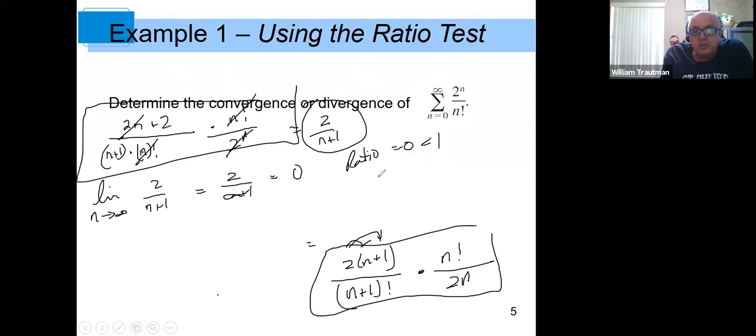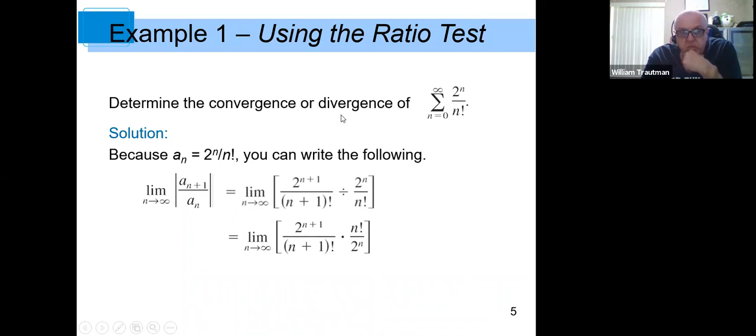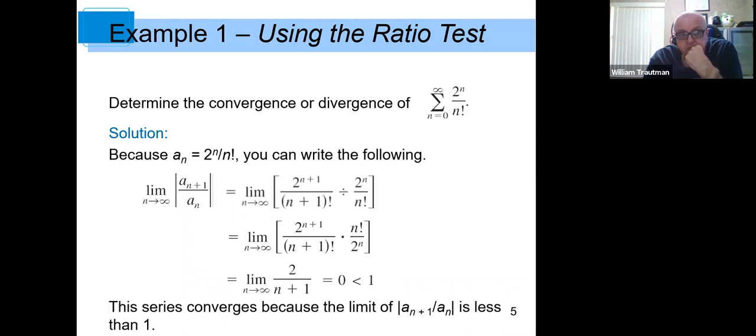That is less than 1. So the series converges. All right, so let's see what they did. And they did the same thing I did. Canceled out. They put infinity into the n. It's less than 1. So the series converges. A sub n plus 1 on top divided by a sub n.